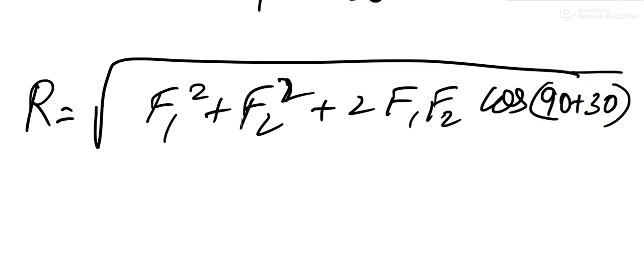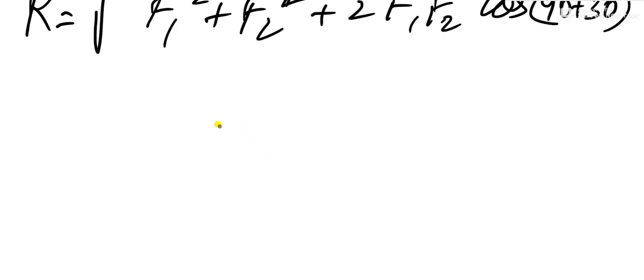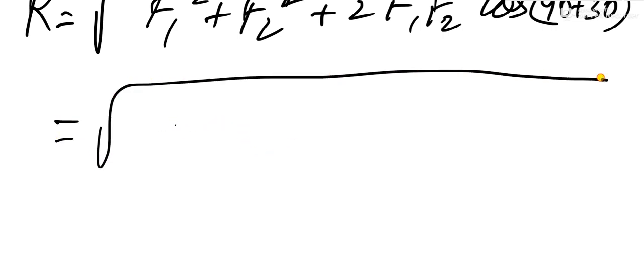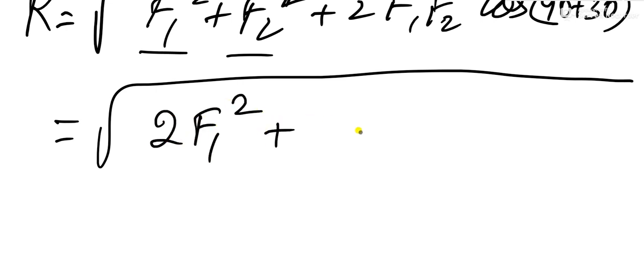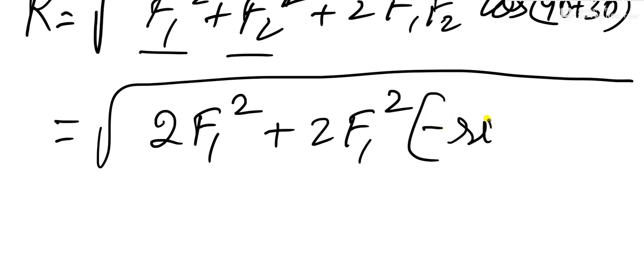Okay, so you can write like this. Now F1 is equal to F2, so we get 2 times F1 square plus 2 times F1 square cos (90 plus 30), which we can write as minus sin 30 degree. Cos (90 plus theta) is going to be sin theta, it is a trigonometry formula.